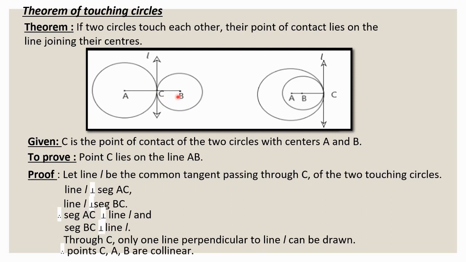The definition of collinearity is points lying on the same line. Therefore, C, A, B lie on the same line, and hence we can say that point C lies on segment AB and AB is a line joining their centers. Hence, point C lies on the line joining their centers.